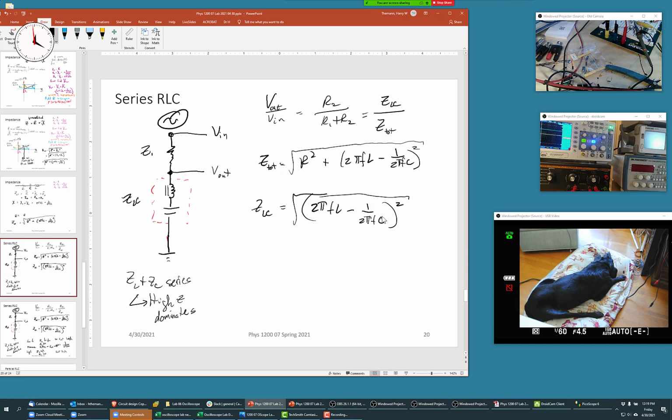And if I square it and square root it, just so you don't get scared by this, at the end of the day it just equals 2 pi f L minus 1 over 2 pi F C. It's just complex algebra. You're supposed to do this business here, but it's just an old habit of mine I should get away from.